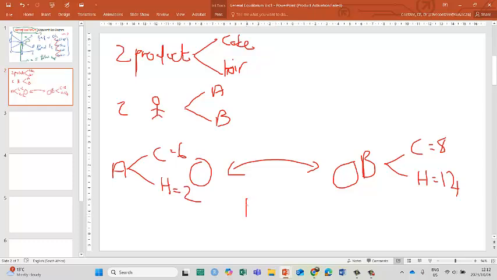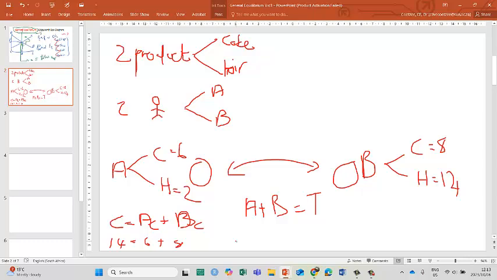So person A's endowment of these two goods plus Mr. B's endowment is equal to the total endowment. So for C, we have Mr. A's endowment of C plus Mr. B's endowment of C, which is equal to 6 plus 8 equals 14.